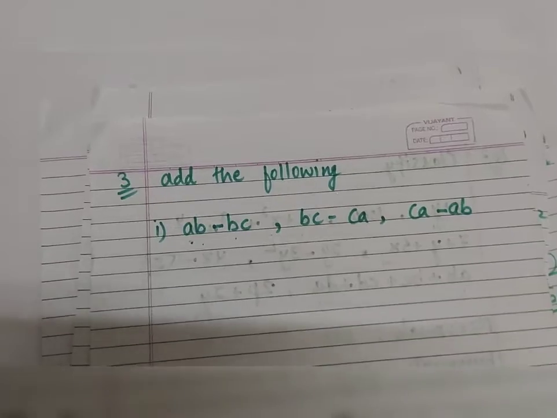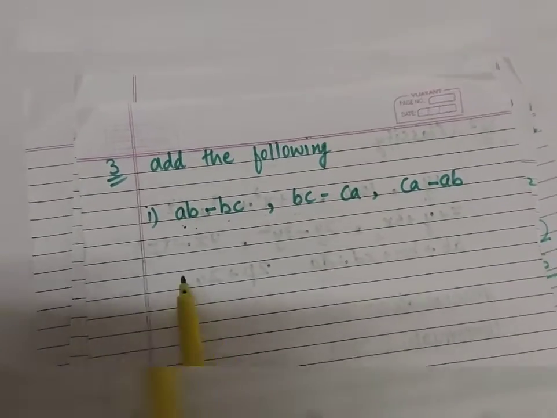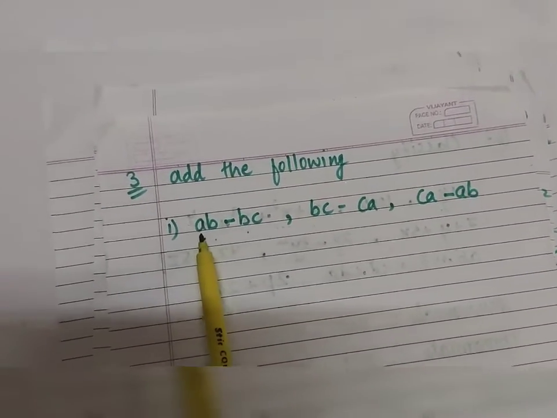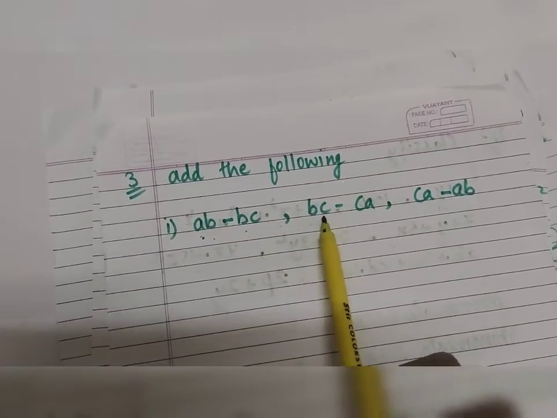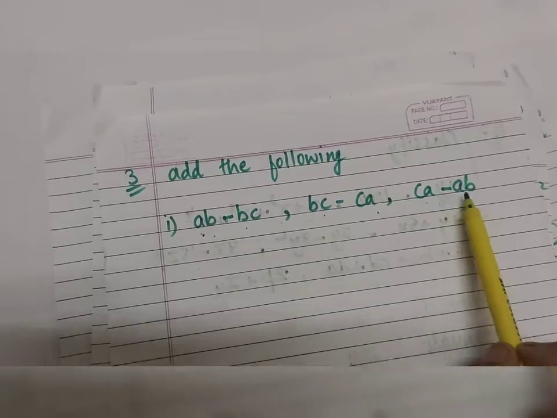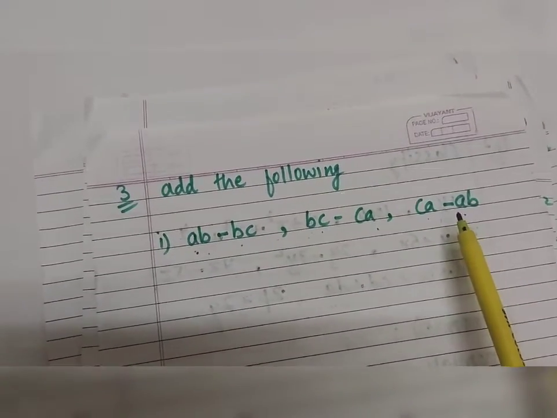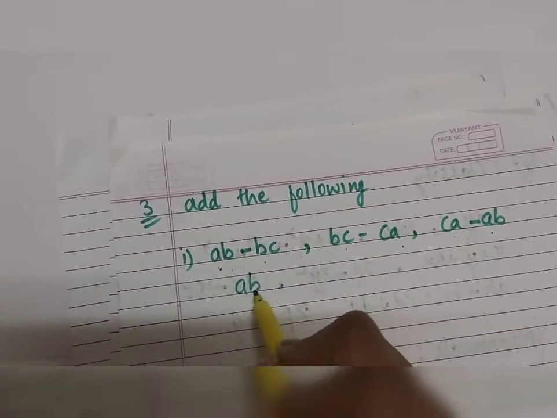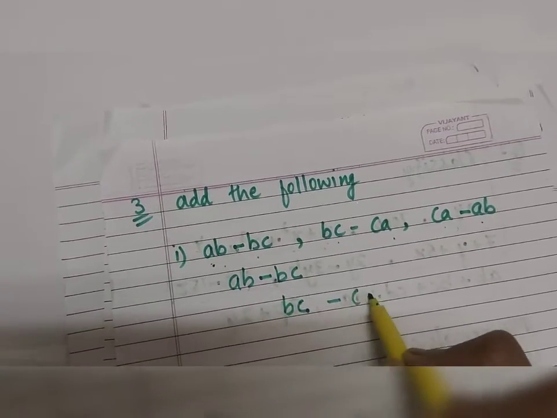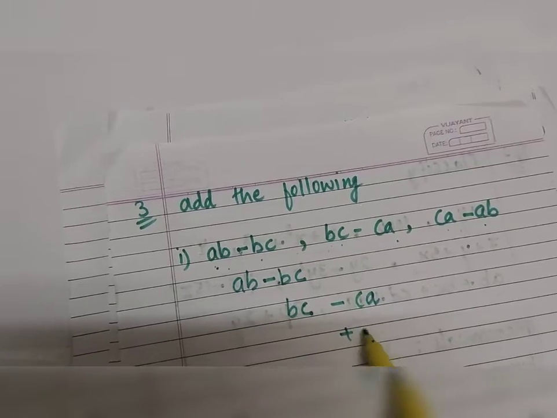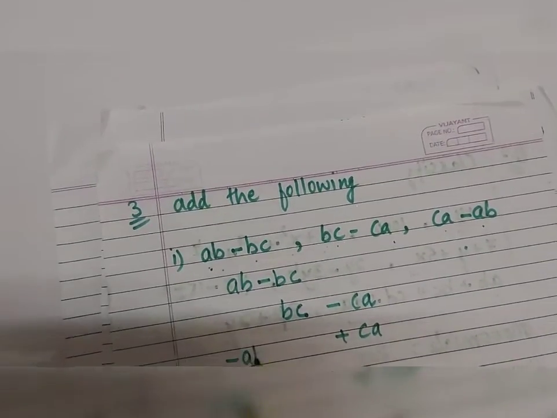Now take the third question. Add the following expression: plus AB, minus BC, plus BC, minus CA, plus CA, minus AB. We have to add this expression. We will write BC in front of BC, CA plus of CA, minus of AB.